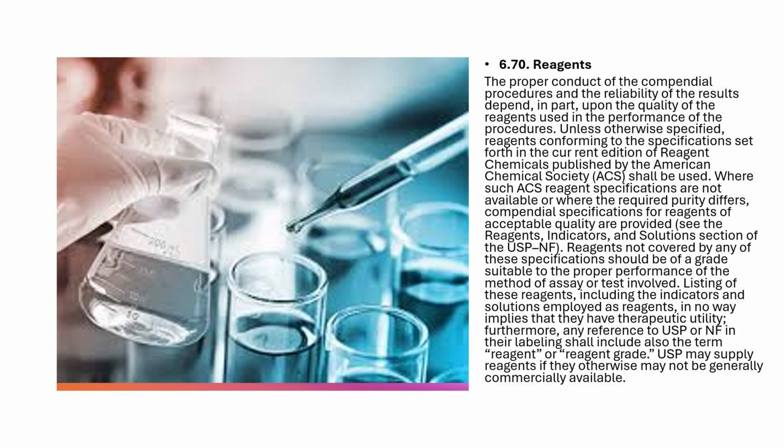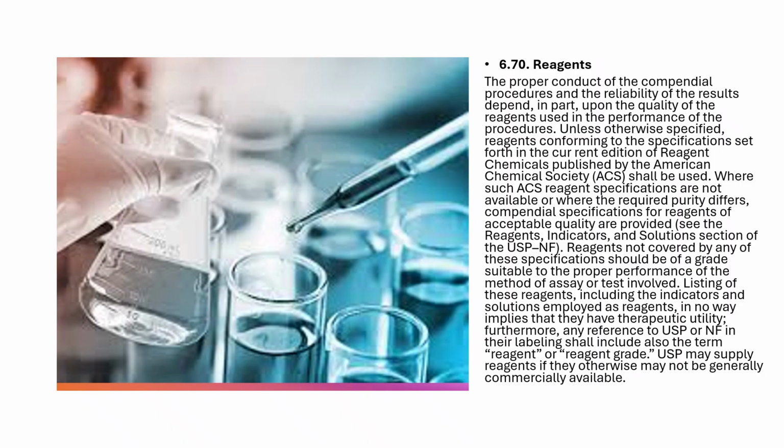So now the next section is 6.70, that is reagents. The reliability of compendial procedures depends partly on the quality of reagents used, right? Unless otherwise specified, reagents complying with the current ACS reagent chemical specifications shall be used. ACS means American Chemical Society. Where ACS specifications are not available or a different purity is required, the USP-NF provides compendial specifications, right?